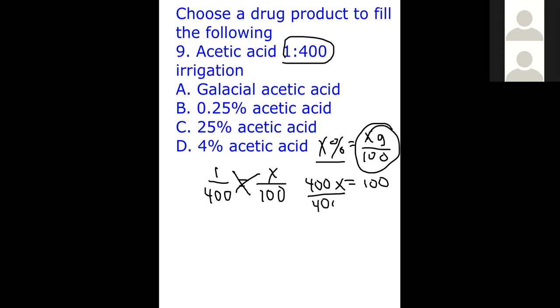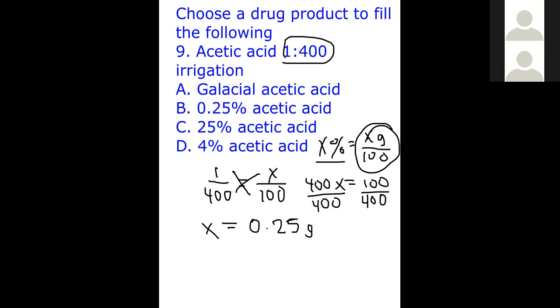Divide by 400 to leave our x by itself. So x is equal to, plug this into the calculator, 100 divided by 400 is 0.25 grams.